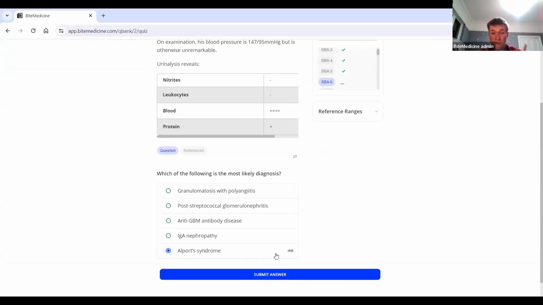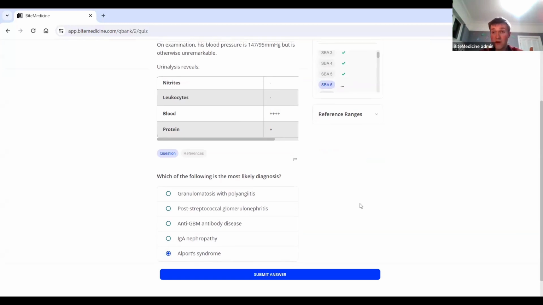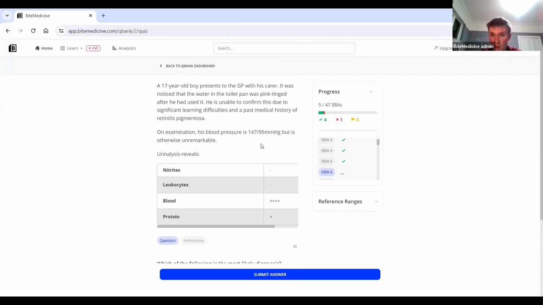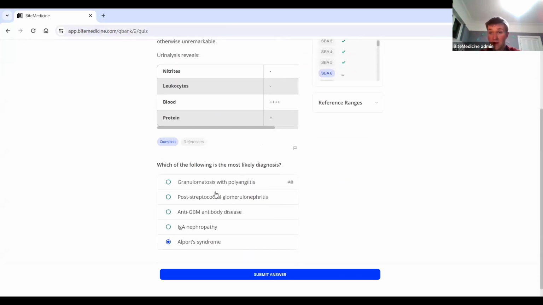Okay. So before I click it, I think it's really good practice, especially when you're confident you've got the diagnosis and you see it after doing the cover test, just going back through and thinking, right, could any of these fit? There's no mention of recent infection. And I think at undergrad MBBS level, you would expect a mention of infection, which basically rules out post-streptococcal GN and IgA nephropathy.